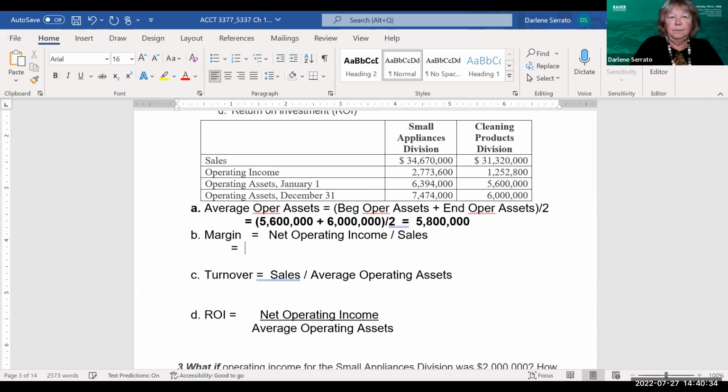Calculating margin. Operating income is 1,252,800 divided by sales of 31,320,000. And that will give us 0.04 or 4%.